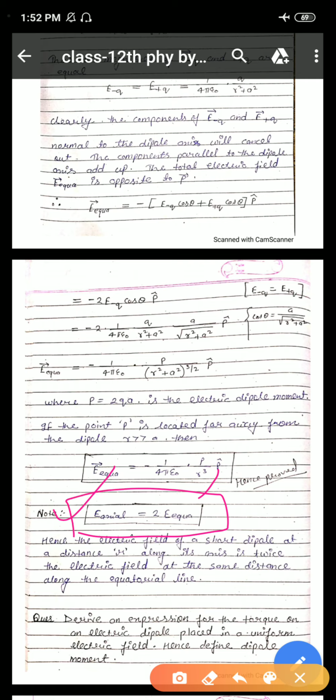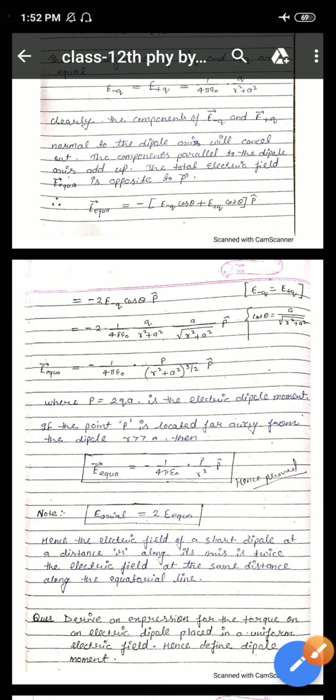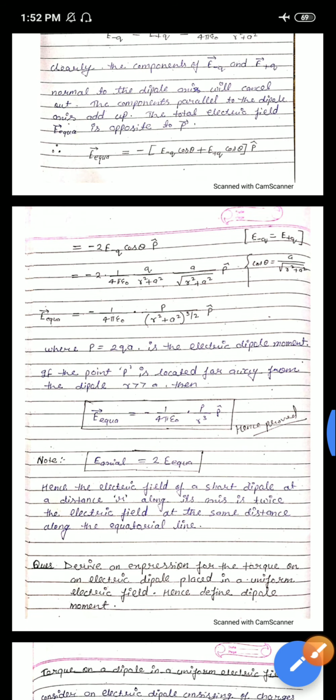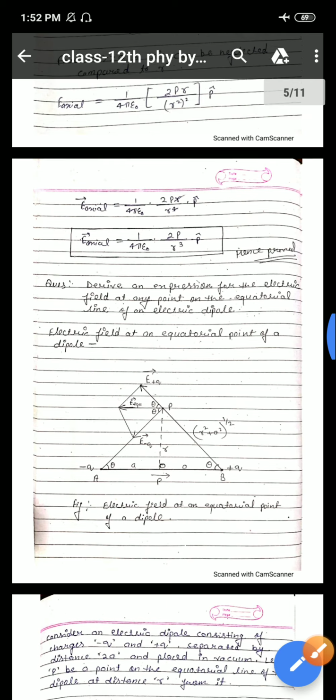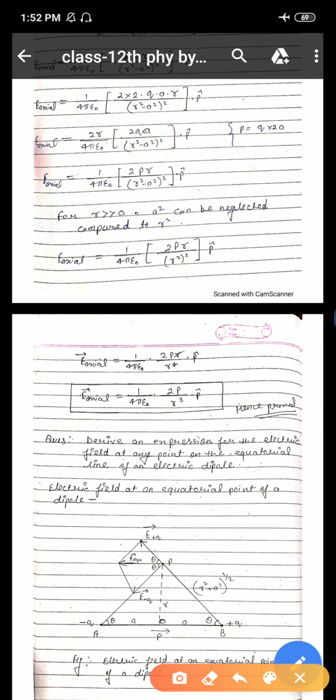E axial is equal to 2 E equatorial, because see, this one is the value of equatorial, 1 upon 4 pi epsilon naught P upon r cube. Now see, this one is the value of E axial, 1 upon 4 pi epsilon naught 2 P upon r cube. Then suppose this one is the 2, we can remove 2, then this value is equal to the equatorial.